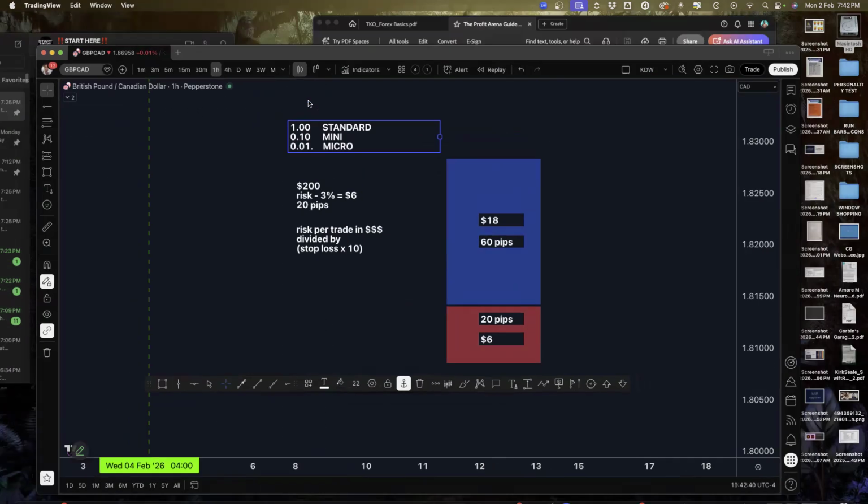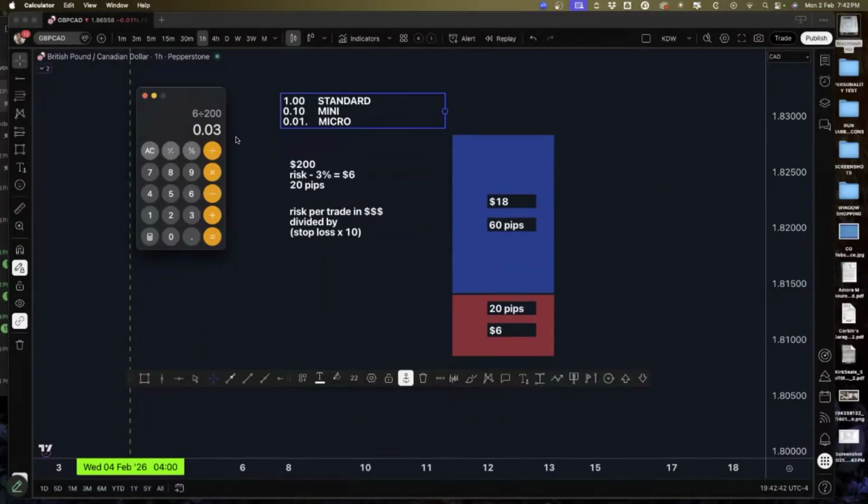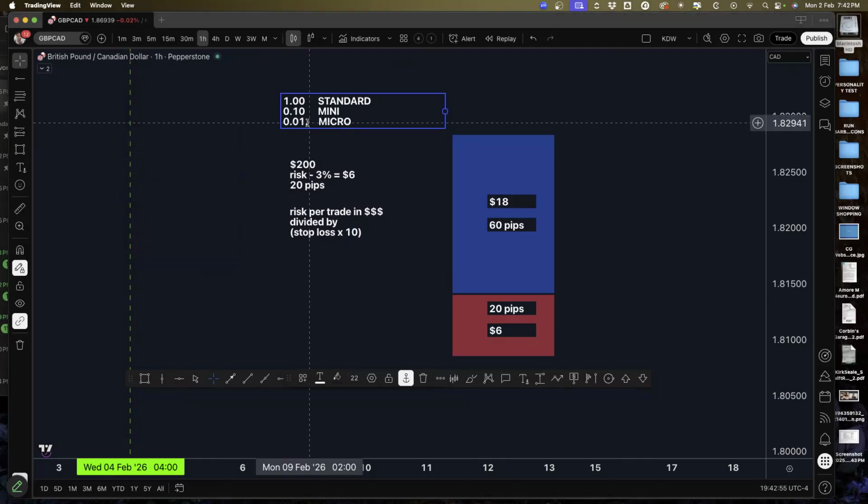All right. So our lot size is supposed to be 0.03. Which of these three types of lot sizes would you say 0.03 is? Let me give you the range. Do you think 0.03 is a mini lot, standard lot, or a micro lot?